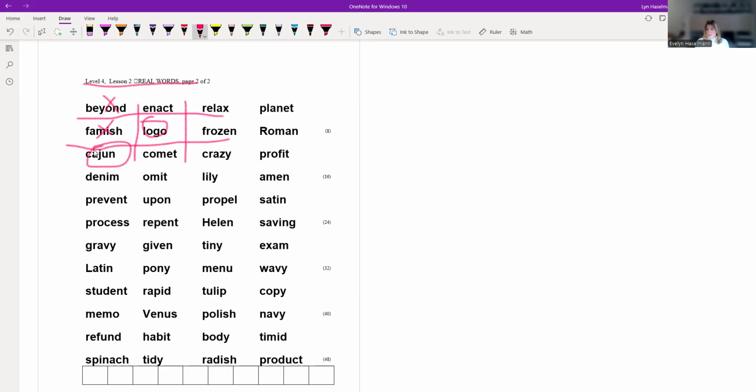Also, make sure they know the vocabulary for these. You know, what does famish mean? What does Cajun mean? Those might not be words that everybody knows. So this is a really good time for you to help them expand their vocabulary too. All right, so that's it for level 4, lesson number 2.